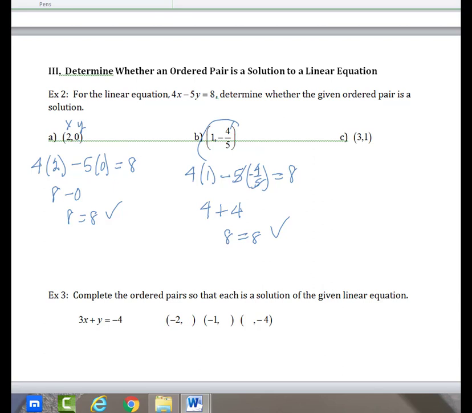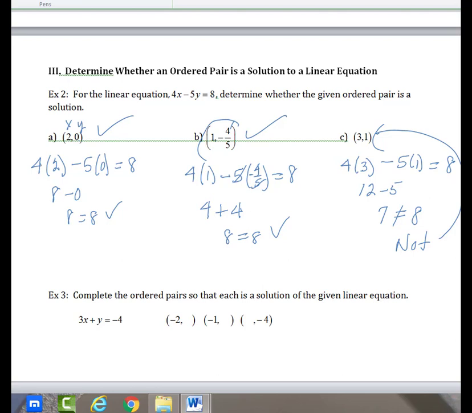So let's check this last ordered pair and see if it is a solution. So 4 times 3 minus 5 times 1 equals 8. Now I get 12 minus 5, which is 7. And 7 does not equal 8. So this last ordered pair is not a solution. This is a solution, and this ordered pair is a solution.